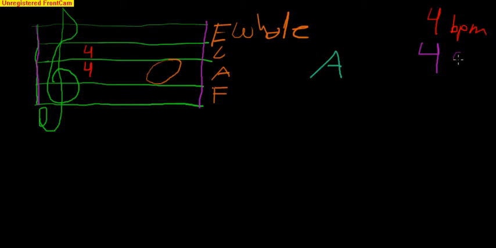So I'll just draw a quarter note equals 1 beat. Okay? So that means a whole note equals 4. And we have 4 beats in the measure, so everything kind of agrees with itself. That's good. So an A, that's played for 4 beats. An A that is played for the entire measure.